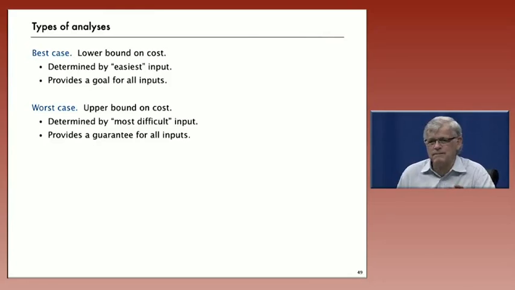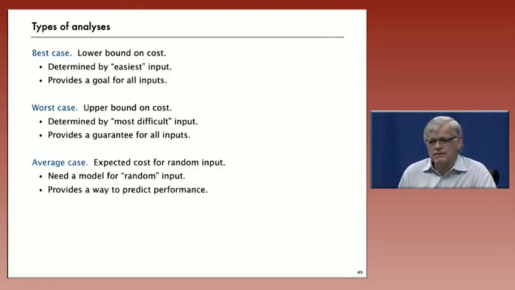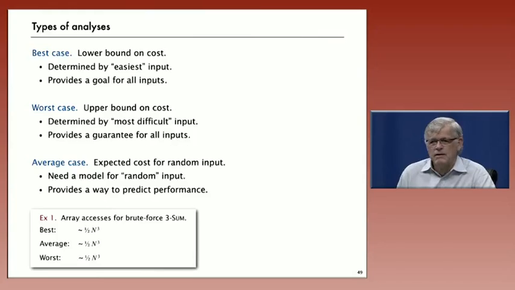than that. And then in a lot of situations, we might consider our input to be random. Well, we need some way to model what we mean by random for the problem that we're solving. But there's a lot of situations where we can do that, and then we have a way to predict performance, even when the input might vary widely.